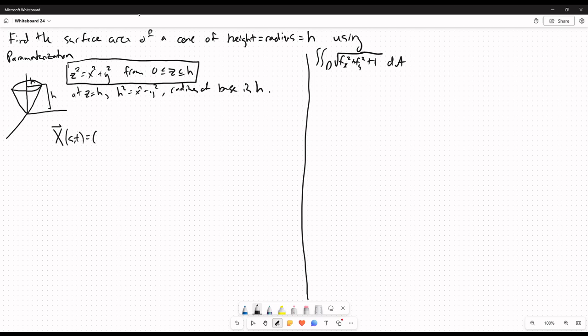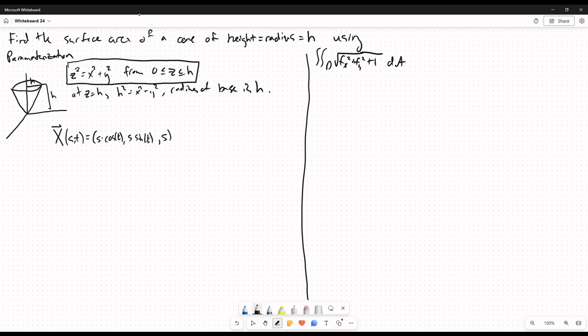So what's that going to look like? Well, if I let s be the z coordinate, then my circles will have a radius of s cosine of t, then a radius of s sine of t. And then that does the job. These first two coordinates will give me a circle, and the radius of that circle is given by the z coordinate. So there's my parameterization.